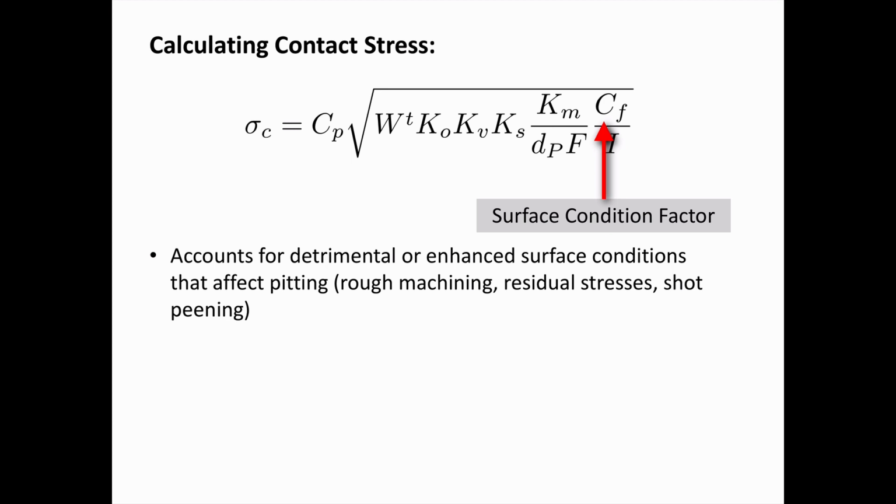And there are a lot of different things that could contribute to that. So rough machining or residual stresses, those would be detrimental, or maybe if we specify shot peening, that would induce beneficial compressive stresses that improve fatigue life. So in this course, unless it's specified otherwise, assume that this factor is 1.